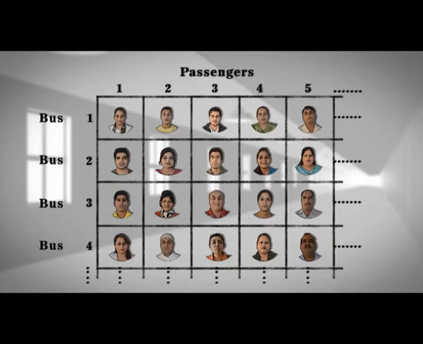We now need to devise a scheme for assigning rooms so that everyone gets one. To assign rooms to everyone, if we zigzag through the diagram in this way, everyone will get covered at some point. So if our clerk starts with passenger 1 on bus 1 and gives her the first room, then the second and third rooms go to passenger 2 on bus 1 followed by passenger 1 on bus 2.